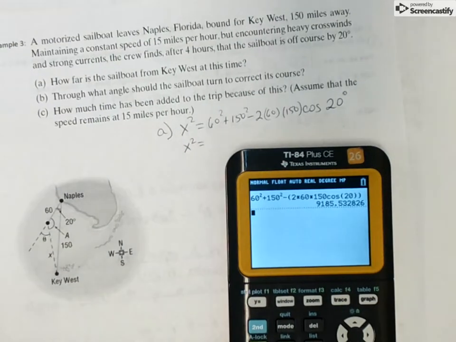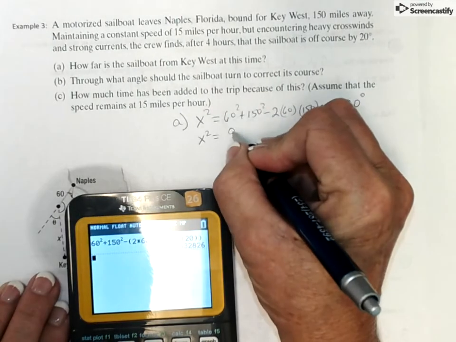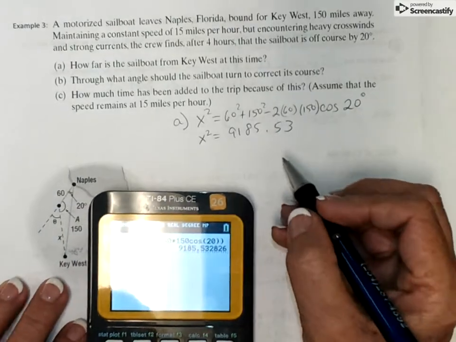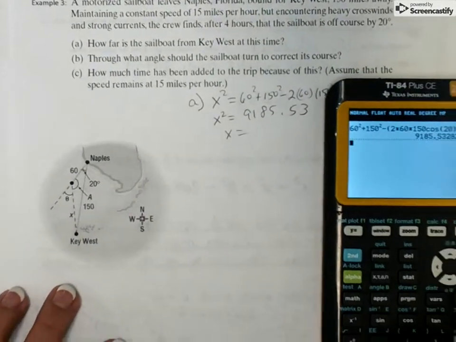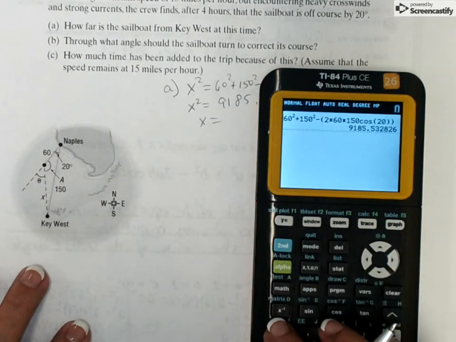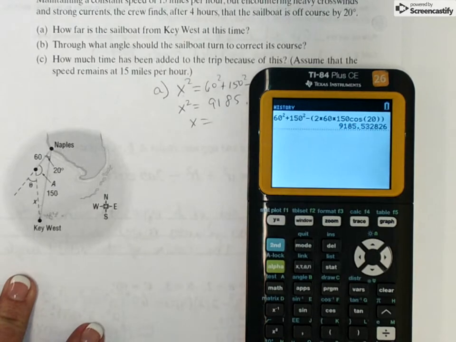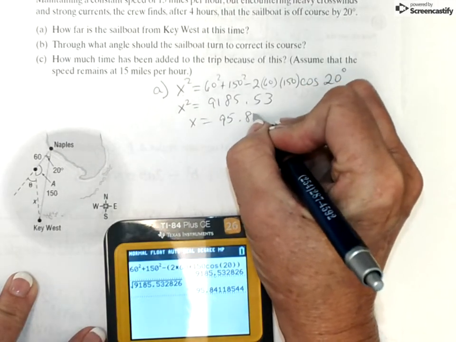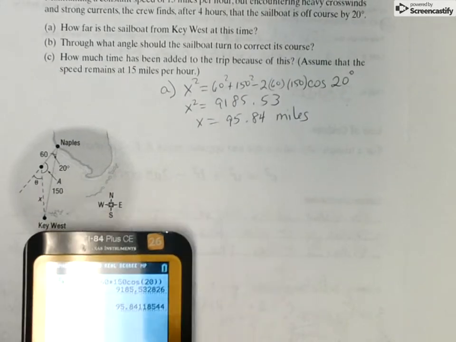Oh, I know why it looks off, because I haven't taken the square root of it yet. So x squared equals 9,185.53, and now I need to find x. So I need to take the square root of this. Rather than rounding that at all, I'm just going to have the calculator pick that right back up. So x equals 95.84 miles. Okay, there we go.